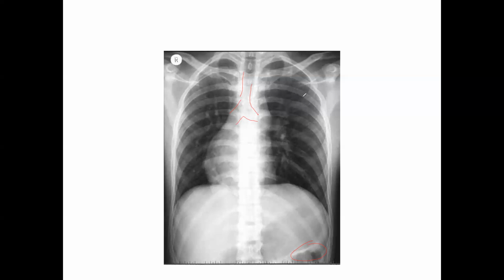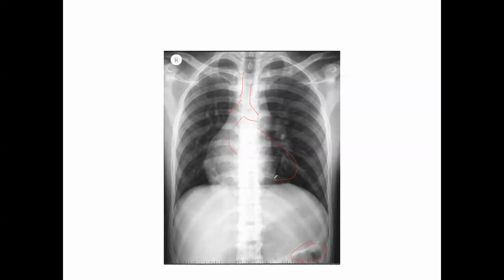You've got good lung markings that extend all the way out to the chest wall and the lung periphery. A good sharp costophrenic angle found on both sides. So for the most part, this is a really good looking chest x-ray, with the exception of your heart. If you note the base of your heart sits back here, and the apex of your heart should be more so in this direction.